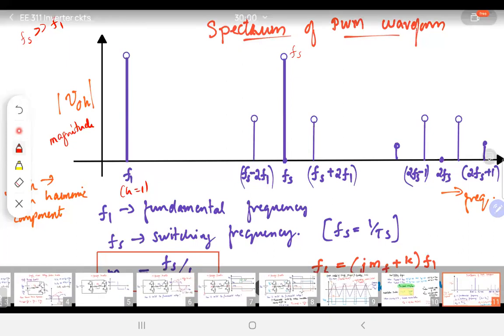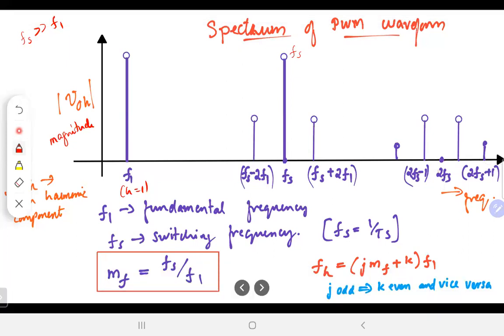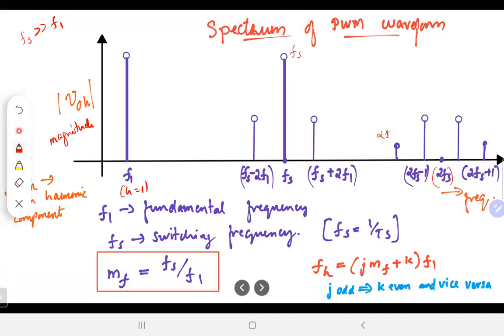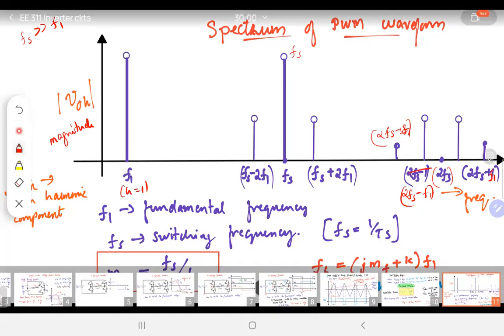Similarly, at the second harmonic, you will have 2fs, and here it will be 2fs minus f1, 2fs plus f1. Then you have here 2fs minus 3f1, and so on and so forth, and this will be plus 3f1.